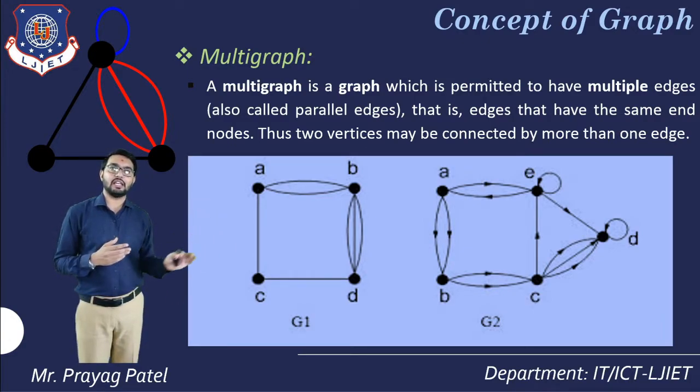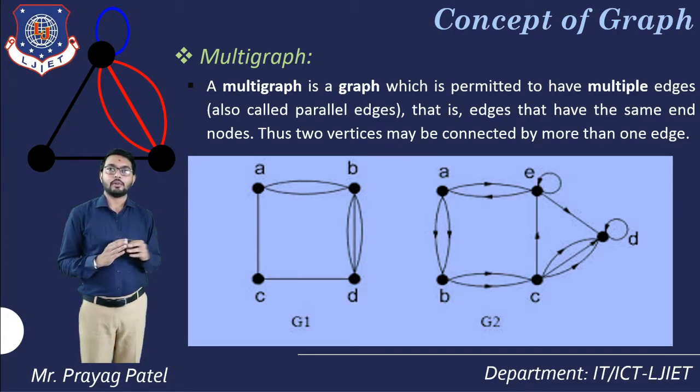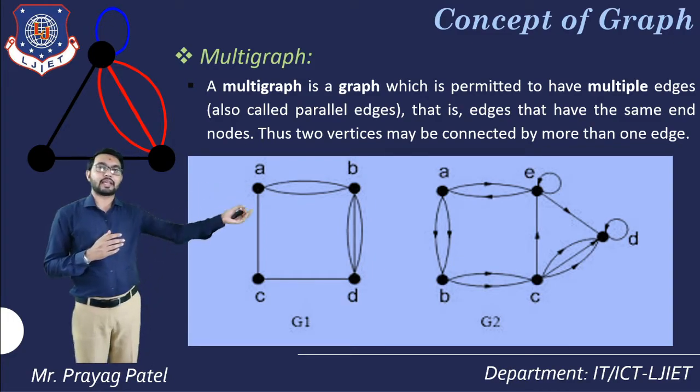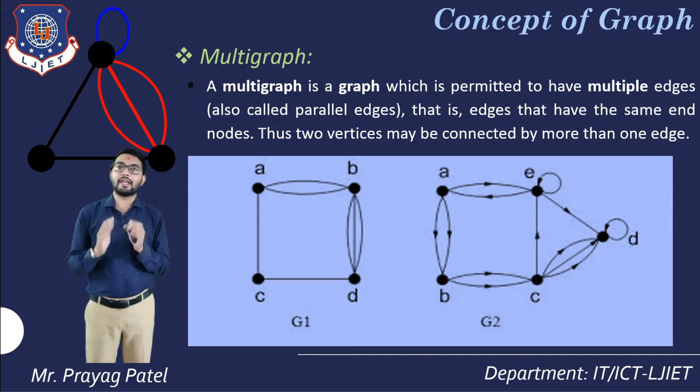So consider these three edges as multiple paths or multiple ways available from B to D. So here consider this graph as a multigraph. So in an undirected graph, if there are two edges between any two nodes, then this graph is considered a multigraph. But in the second figure consider G2 as a directed graph.